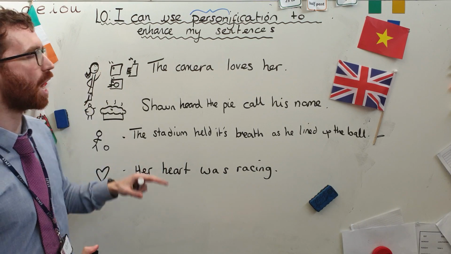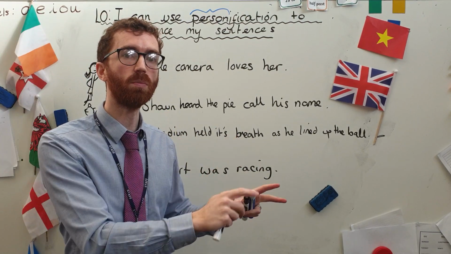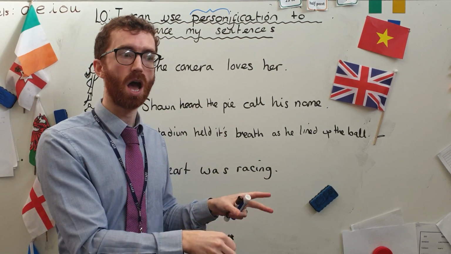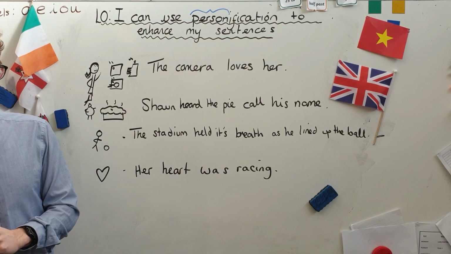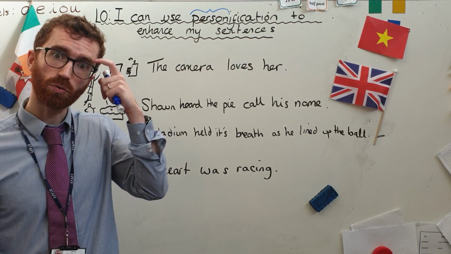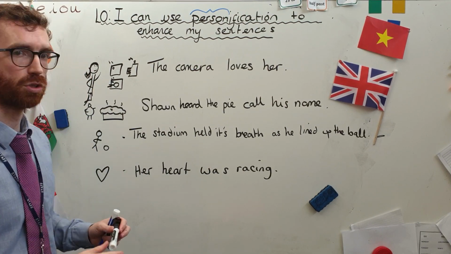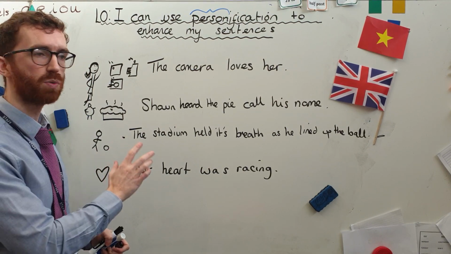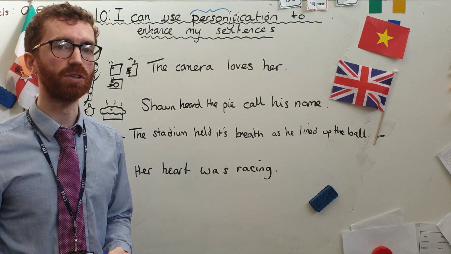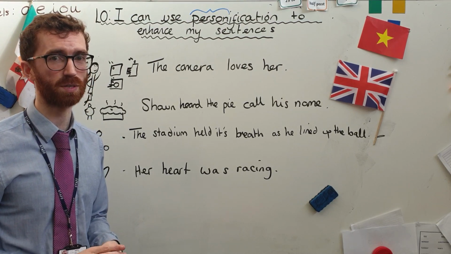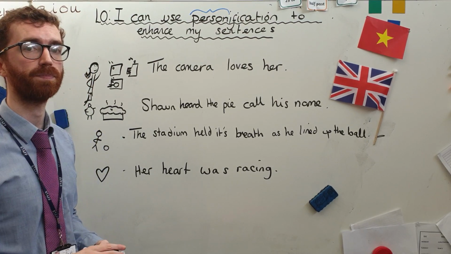So there's something in here where we're giving a non-human noun a human quality. Something human. So what I'd like you to do now, with your partner, whoever you're with, is write down or just talk about which words in there we think are being used as personification and try to explain why. Pause.